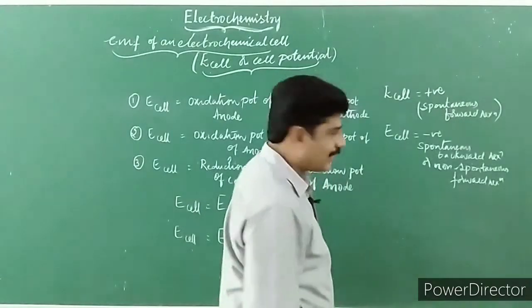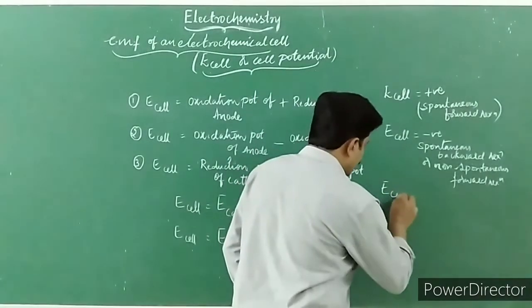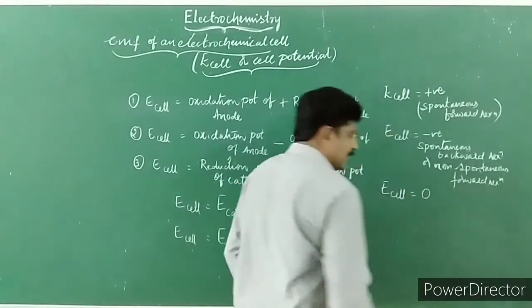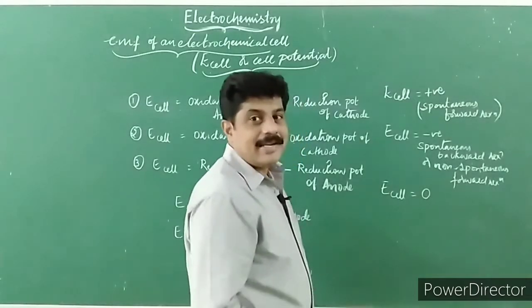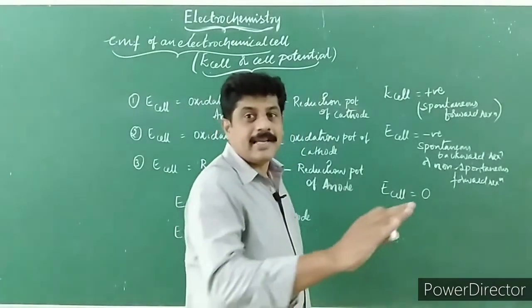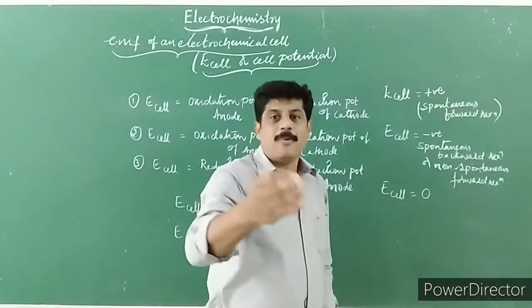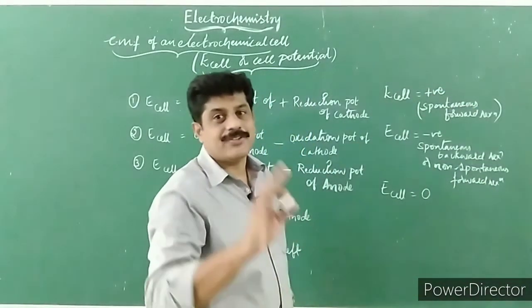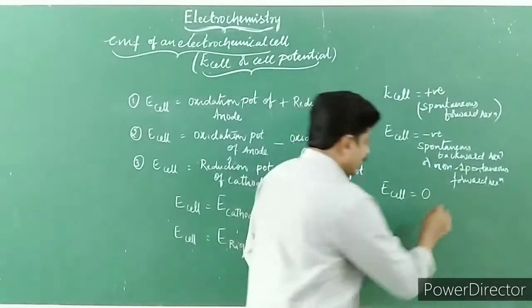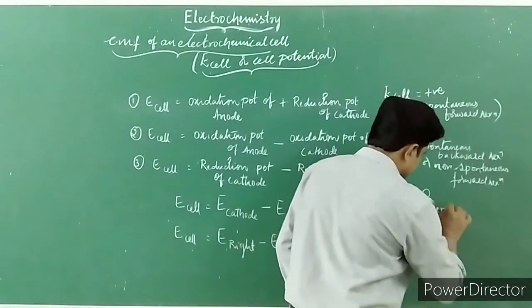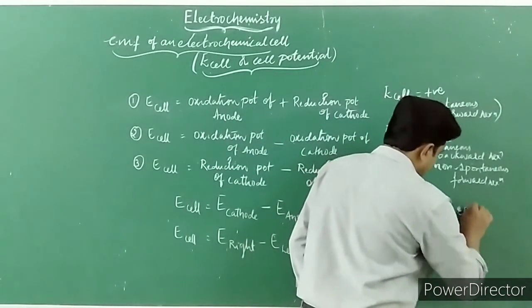Hope you are getting it. If E cell is equal to 0, that means dynamic equilibrium: neither spontaneous forward reaction nor spontaneous backward reaction is taking place. That means it is in chemical equilibrium.